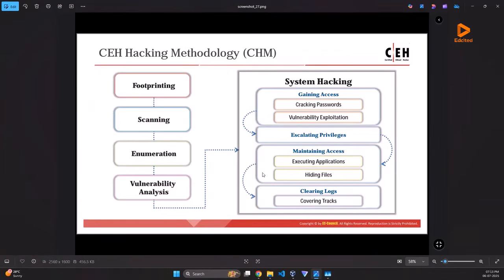This is the most important thing that you need to understand and follow as an ethical hacker. Everything has a life cycle. Let's say I talk about the life cycle of water. Then you would say, sir, water would be present in the ocean, lake, or river, wherever it is.